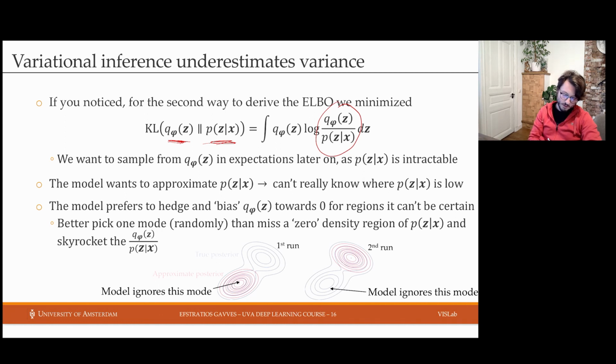Now, what the model does is try to approximate the true posterior. That's our intention, that's what we want to do in the first place. However, the model, especially in the beginning, cannot really know exactly the form of P of z given x. More importantly, it cannot really know which areas are going to have very low values for my true posterior.